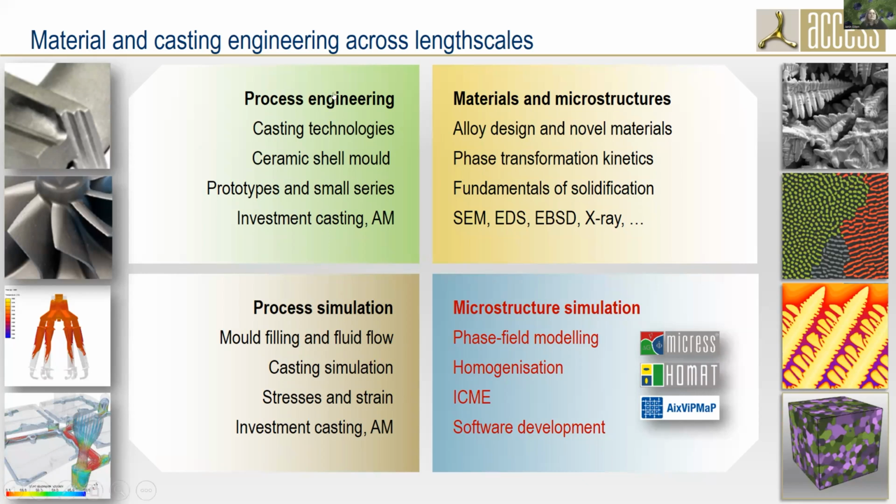There is not only simulation work; probably a major part of the work is process engineering, developing casting technologies, production of ceramic shell molds, and so on. And we also have a lot of work on material research and microstructure characterization.